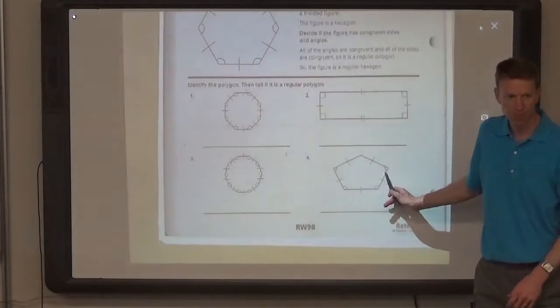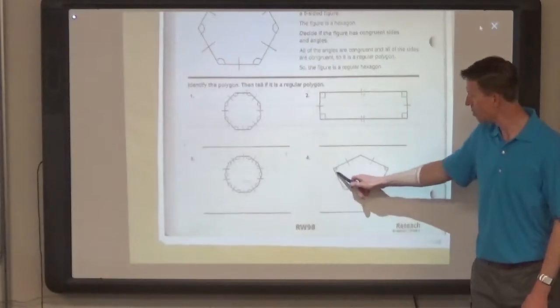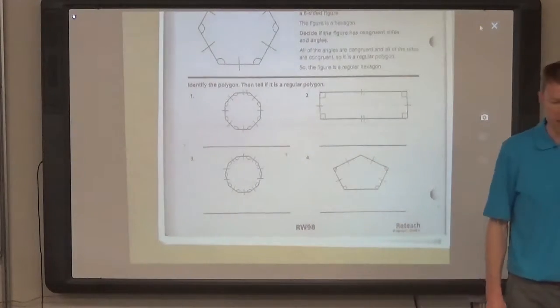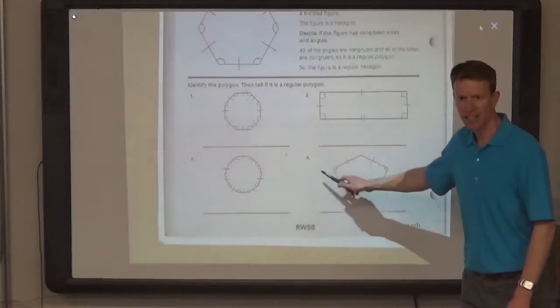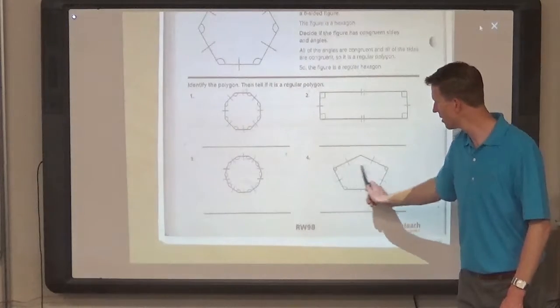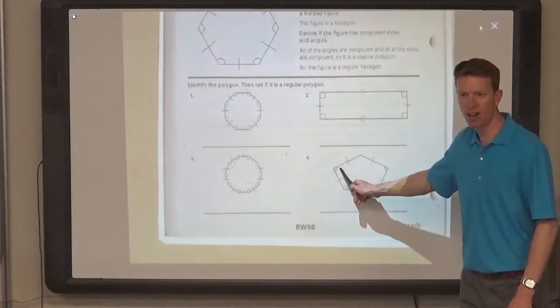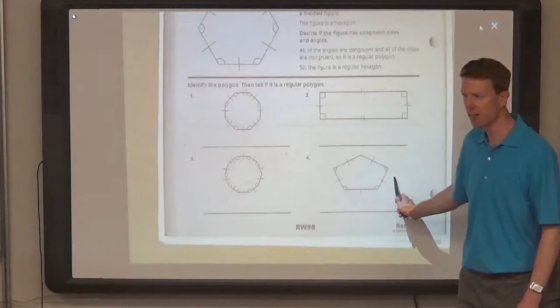Look at number 4. Which angles are marked with 2 lines? These opposite angles, right? That means that these 2 angles across from each other are equal. They're congruent. They're marked the same way.